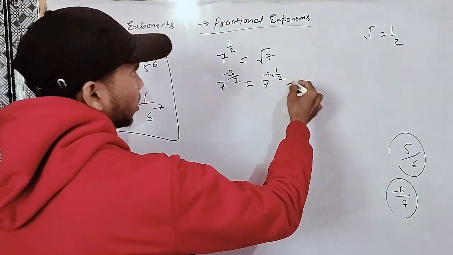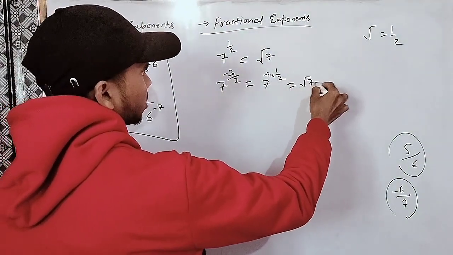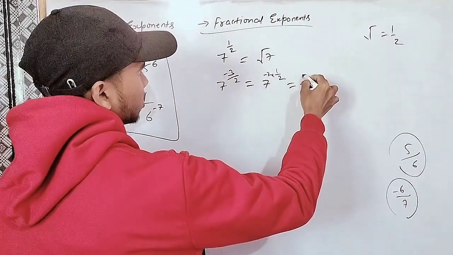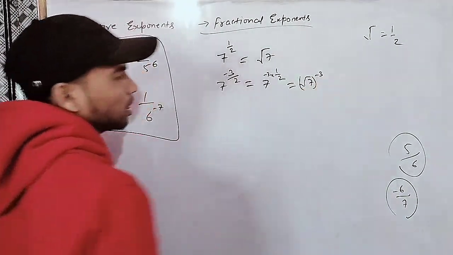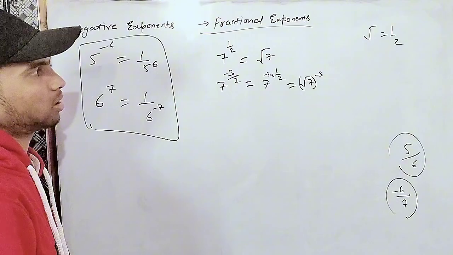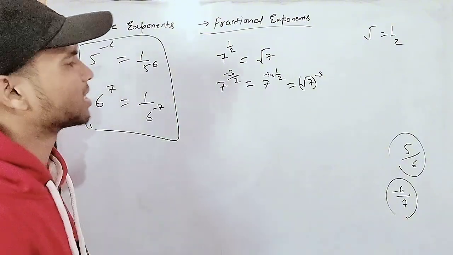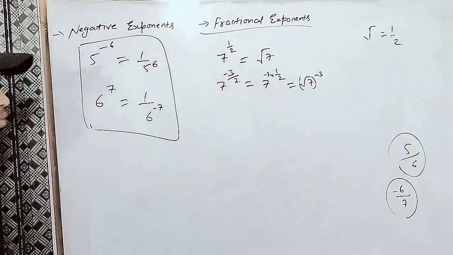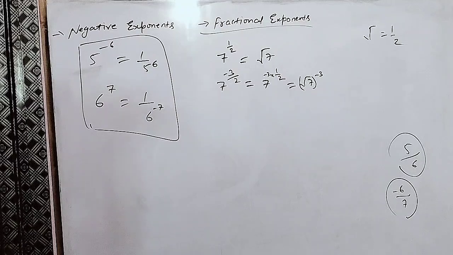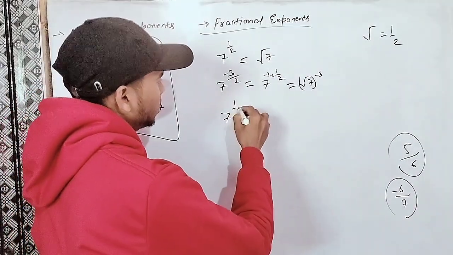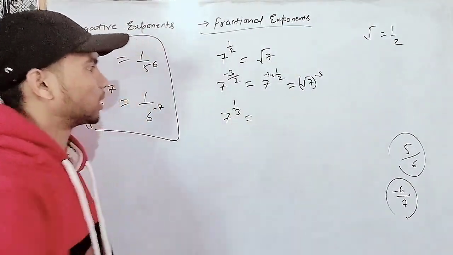Now 1 by 2 is known as root. Now we have minus 3 by 2. This is a way to write it. Take 7 to the power 1 by 3.